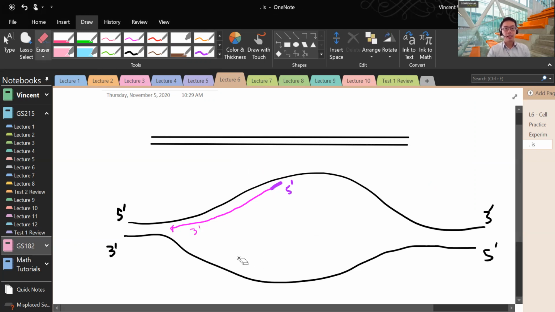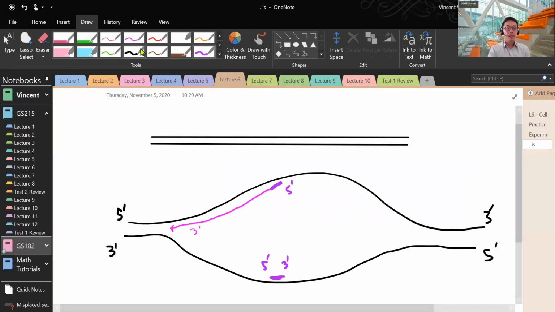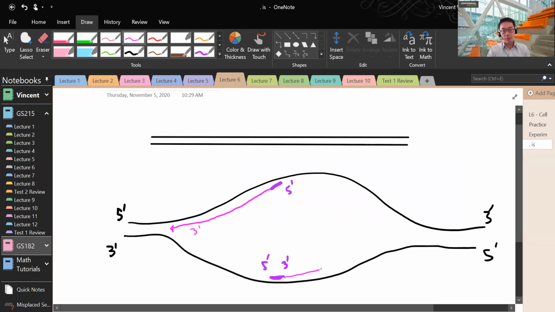Okay. And then on the other side, at the beginning, you will put a primer here, right? This is 5 to 3, and this side will grow into the fork. But as you open up more and more, you're going to have to put another primer and another primer, and then you will have this and this.